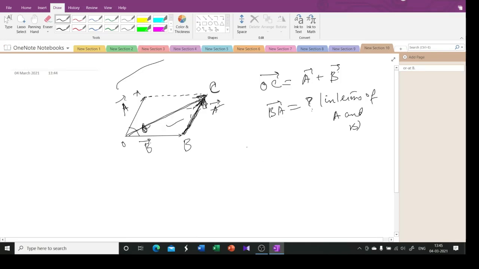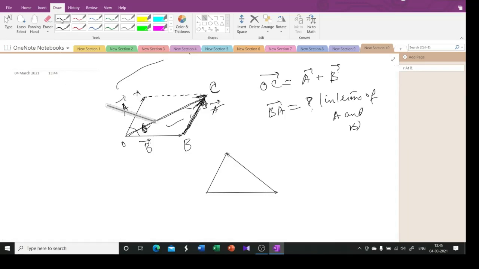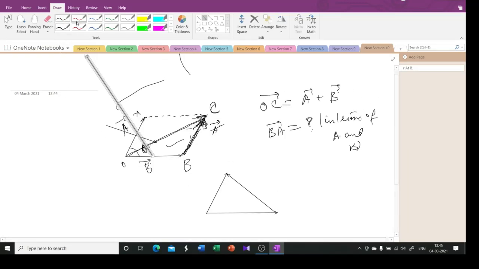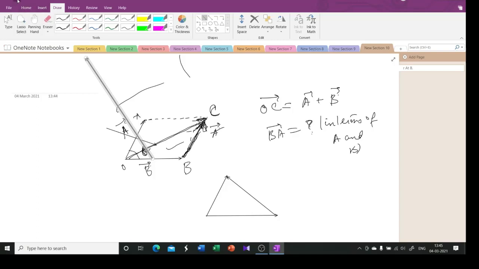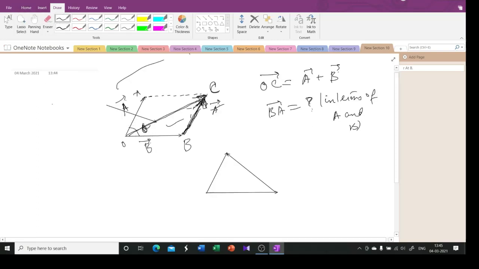All right. So now let's see. Our thing was, this was A vector, this was our B vector, and we need to find this, right? So this was OA, and this is simply B, right?